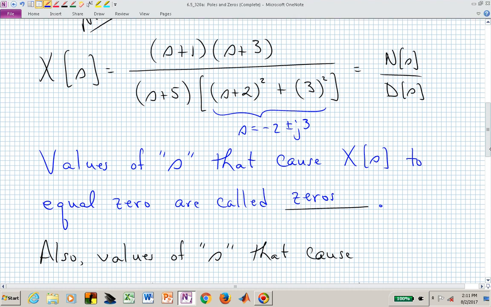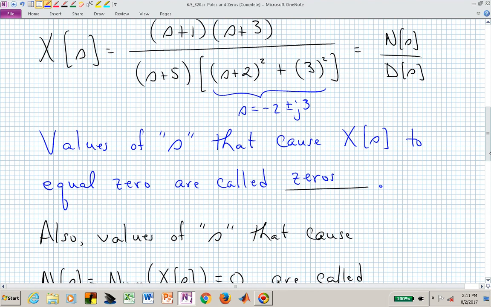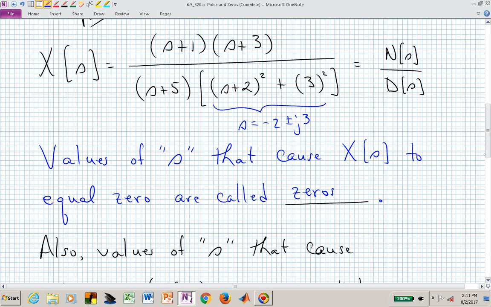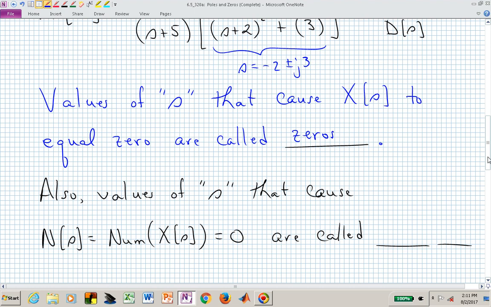And you may have thought, well, that's the only way that capital X of s can be 0, is if we find s's that cause the numerator to vanish. We will actually call those zeros, distinct from the previous definition, and typically we'll just say zeros, but let's now say that values of s that cause the numerator to equal 0 or to vanish are called finite zeros.